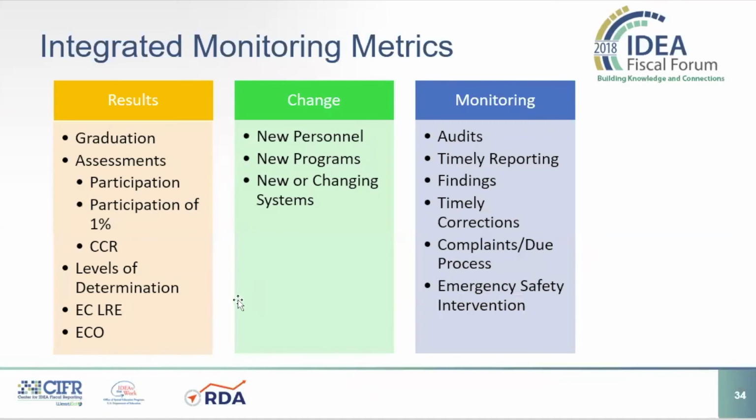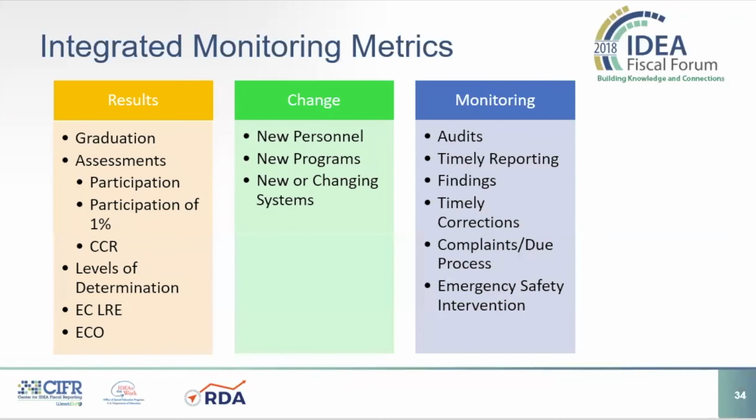But we're not just looking at results. We are still looking at processes and change risk factors as well, because those can be telling of what might be coming up where we need to pay a little more attention. So for instance, changes in personnel and specifically leadership positions such as superintendents or program directors. New programs, for instance, if they are just beginning a Title III English learner program or maybe a preschool program, there's a higher risk because it's new.